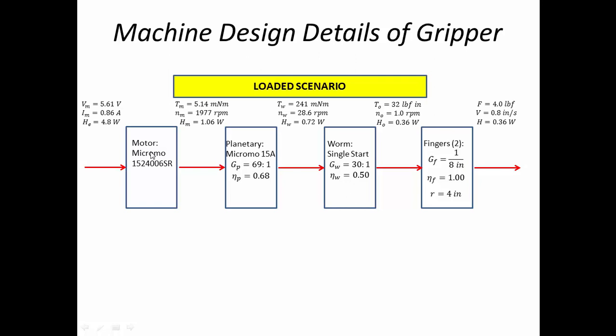In a loaded scenario, at the input you have a little over 5 volts. You've got almost 1 amp, so it looks like about 4 watts, almost 5 watts on the input. That feeds out, and the motor load is a little over 5 millinewton meters.